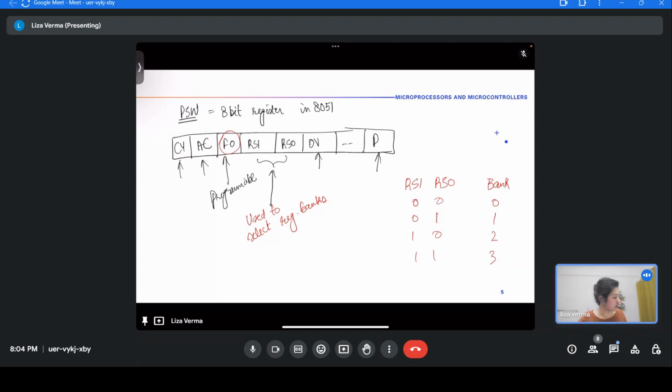I don't think I have an example of this, but I'll get an example next time. Just like carry, auxiliary carry, overflow, you can program this bit to keep track of some of the operations that might be undergoing.